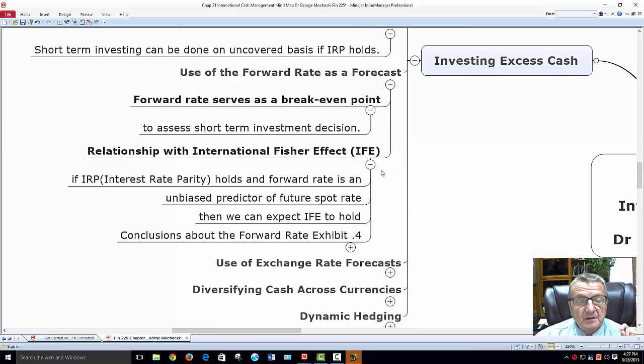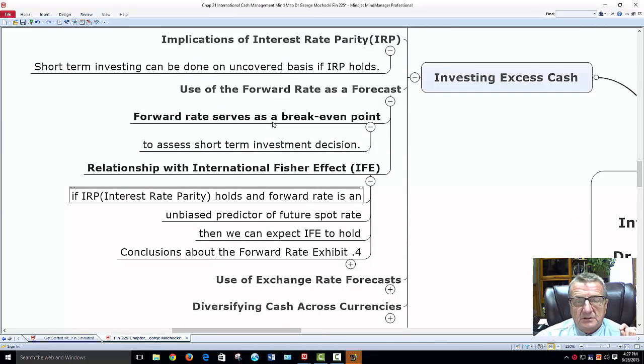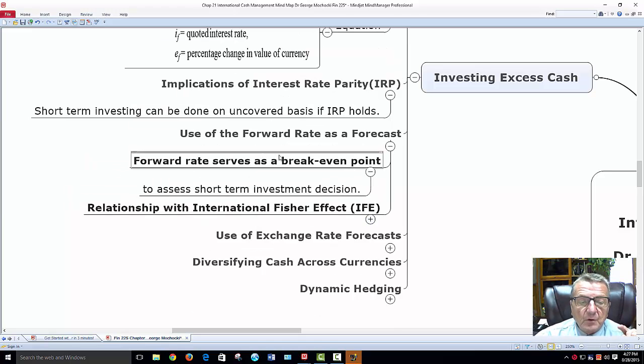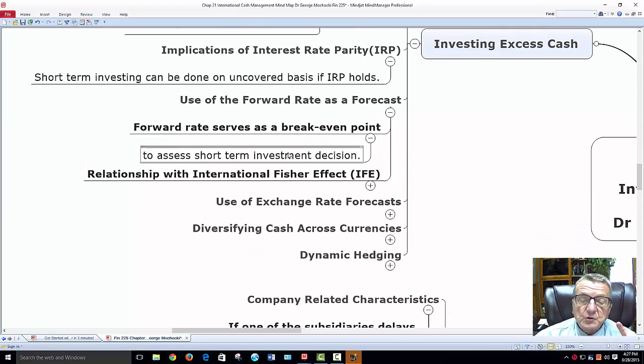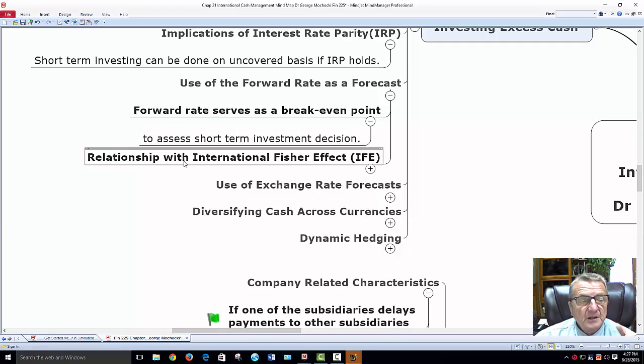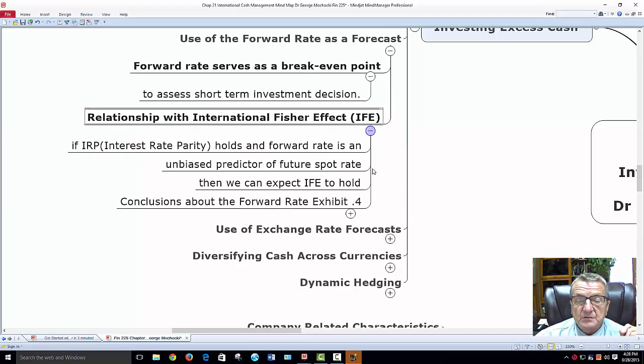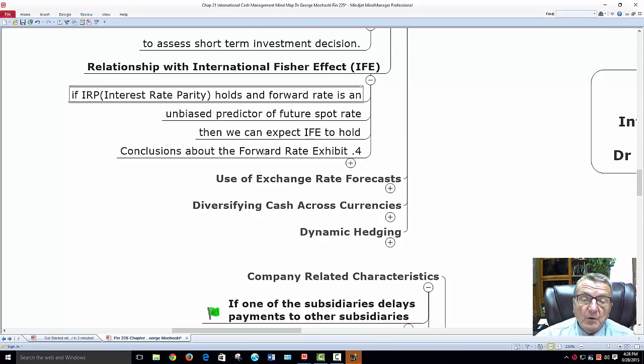Using a forward rate serves as a break-even point to assess short-term investment decisions. Relationship with the international Fisher effect, and we had that with the Fisher effect. If interest rate parity holds and the forward rate is an unbiased predictor of the spot rate, all it's doing is giving me a prediction.